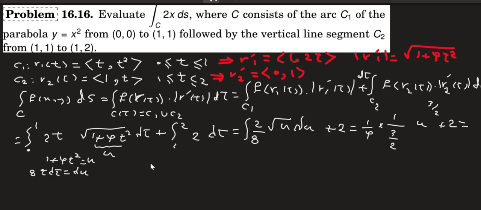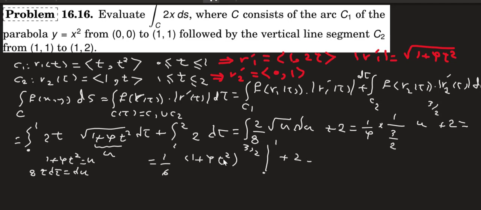Now 4 and 2 will be deleted. We will have 1 over 6 times (1 plus 4t squared) to the power 3 over 2, and t also changes between 0 and 1.